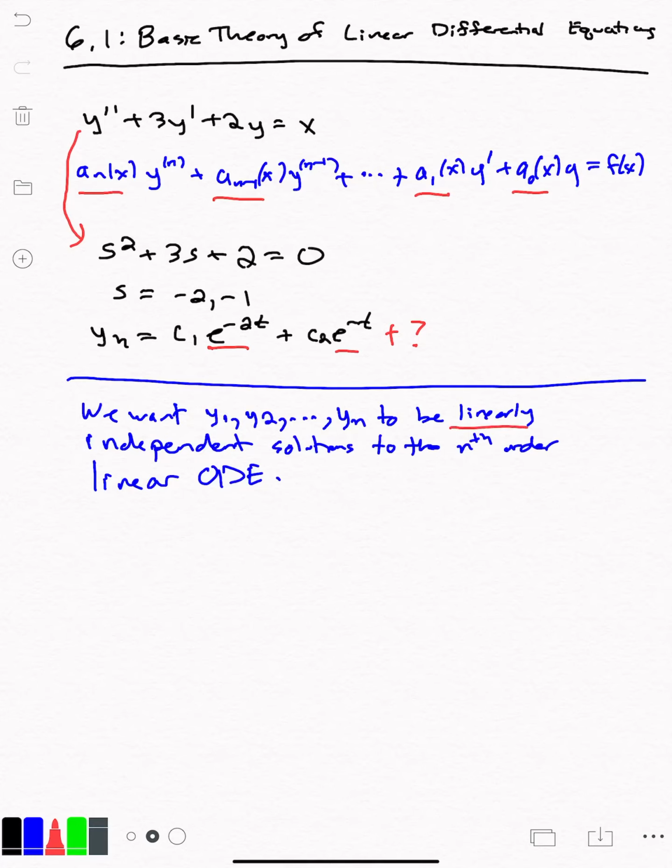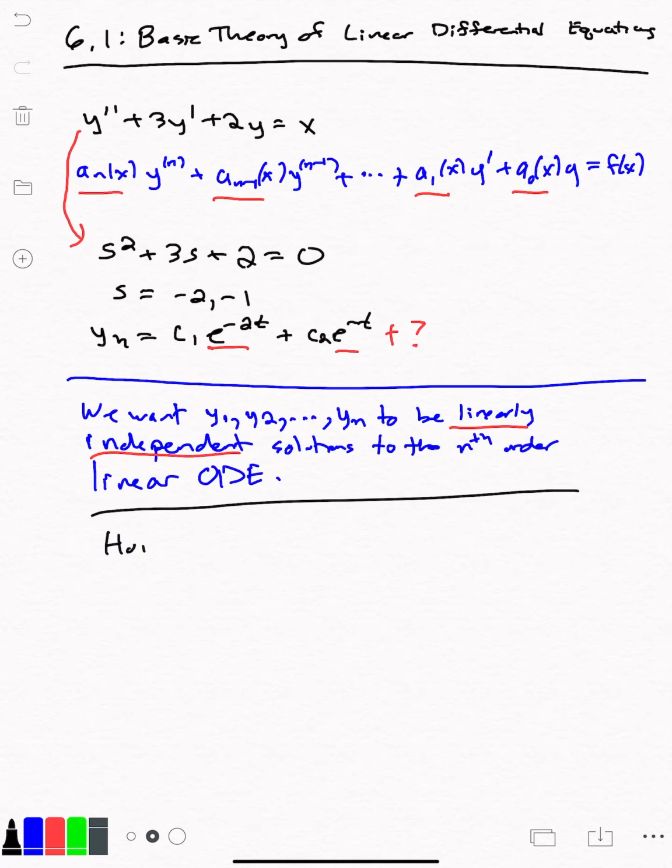But I do really want to call attention to this. We never had anything about independence back on exam 1 material. When we were doing differential equations before, there were no independent or dependent issues. And now we get to bring that in and review what we covered before. So what does it mean?